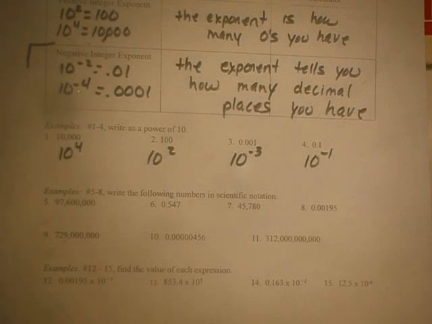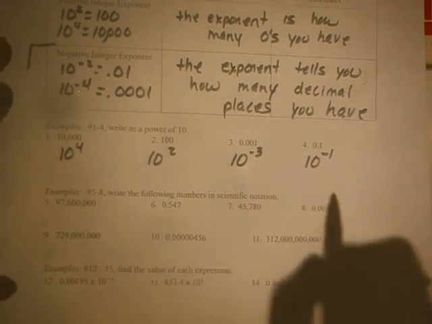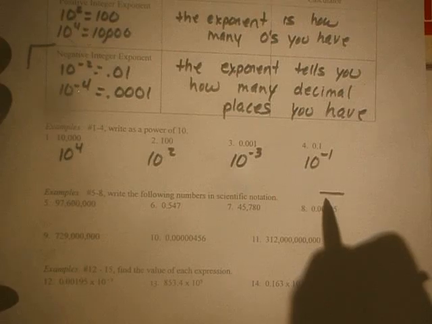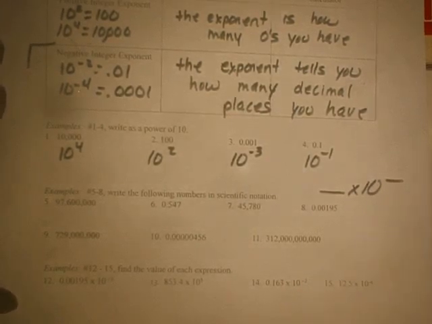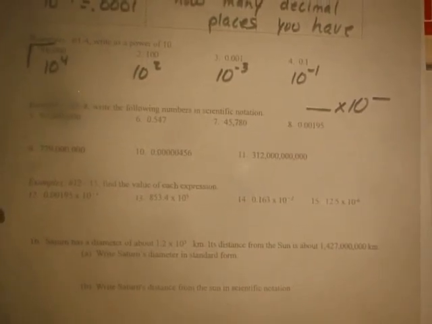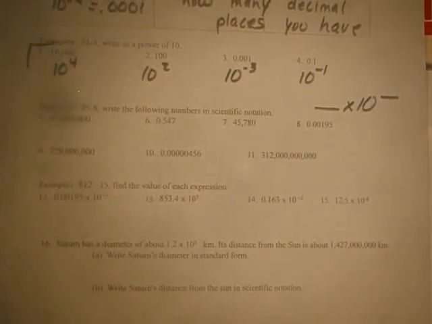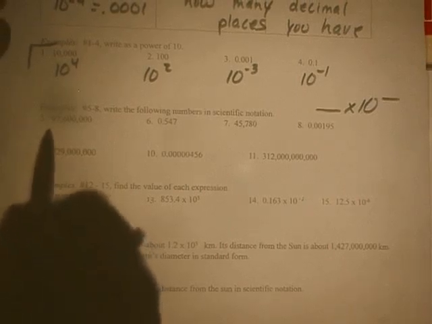Now when we write these next examples, 5 through 11, in scientific notation, we need 2 things. We need a number between 1 and 10 times 10 to some power. So they're all going to look like that. We just need to figure out the number between 1 and 10 and the power.